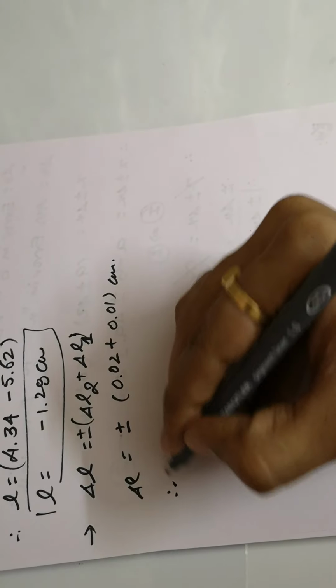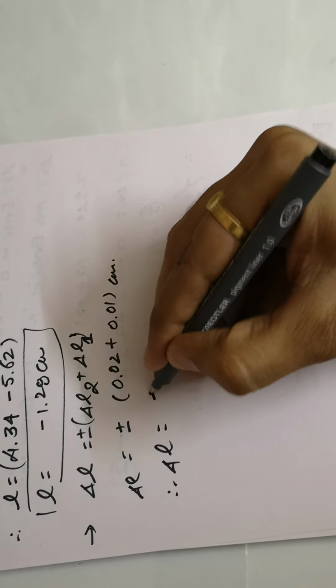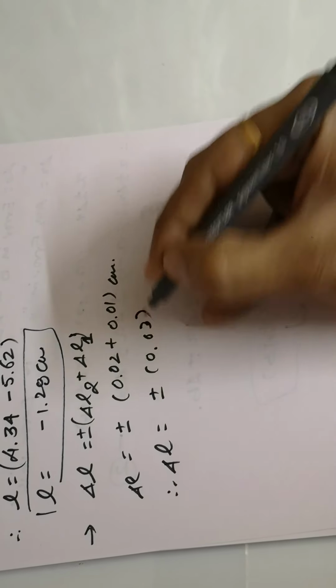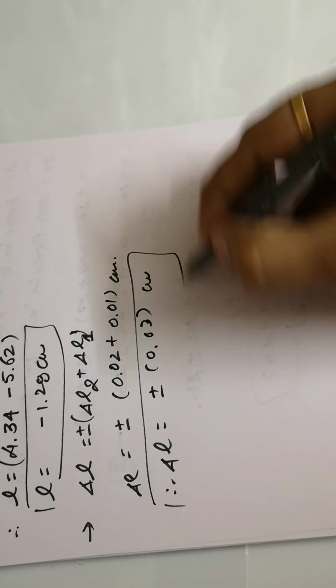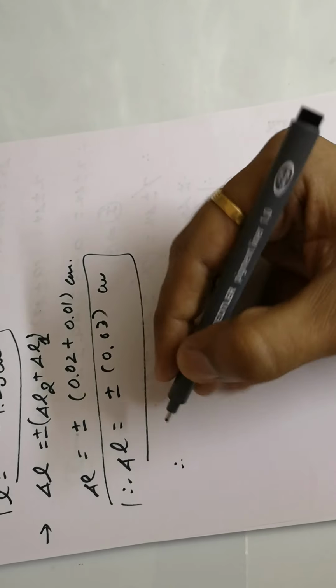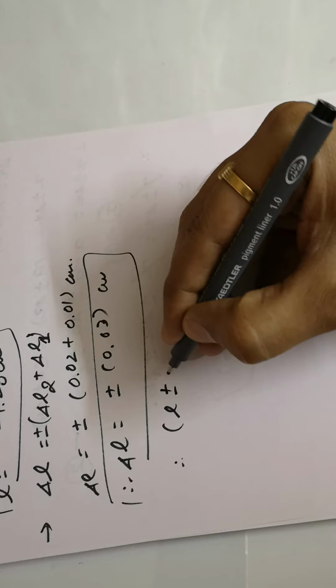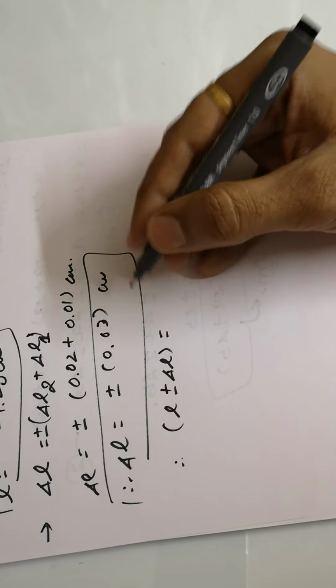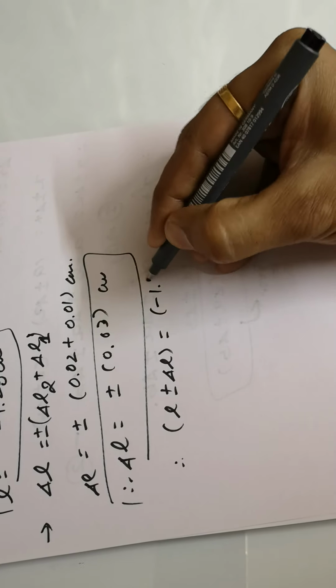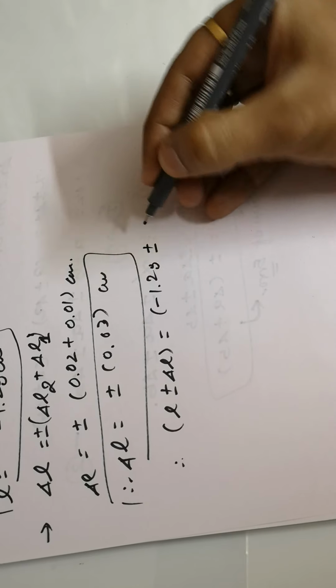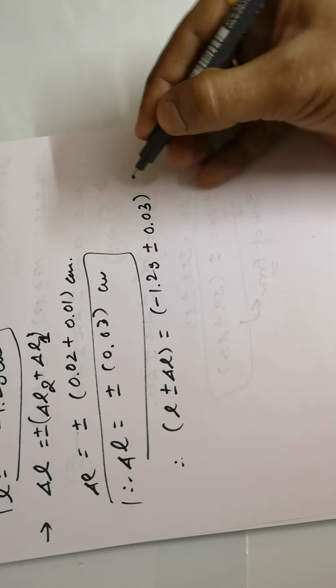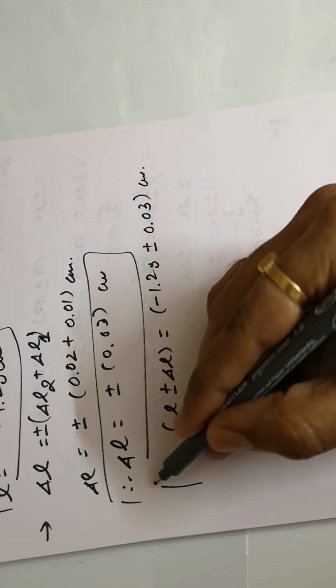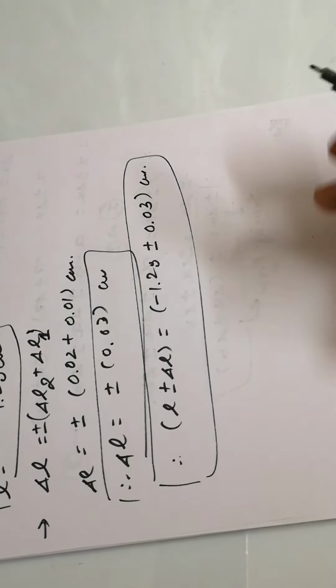So I can have delta L equals plus or minus 0.03 centimeters. The simple way to represent that in terms of the real and absolute error part is L plus or minus delta L equals minus 1.28 plus or minus 0.03 centimeters. This is how we are calibrating our subtraction part.